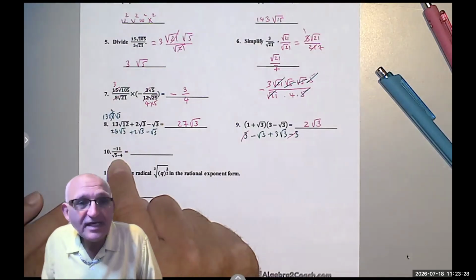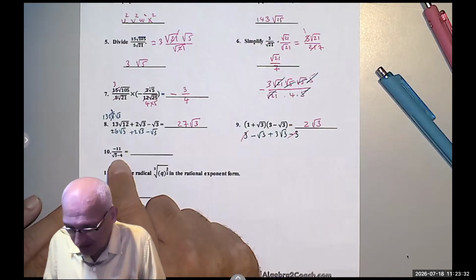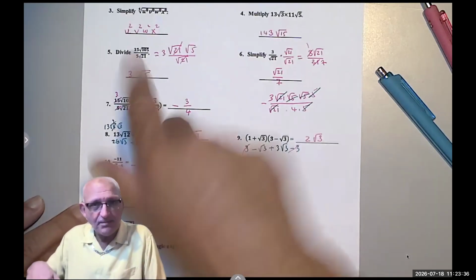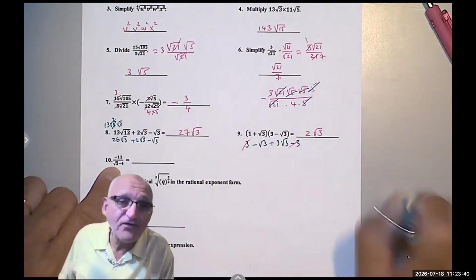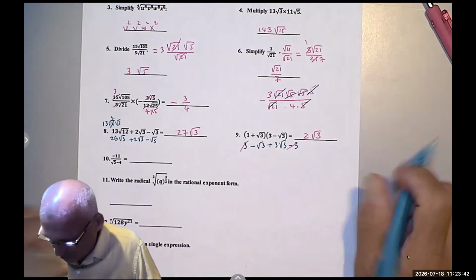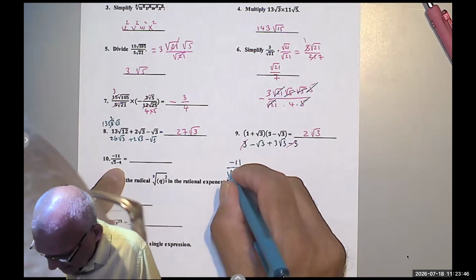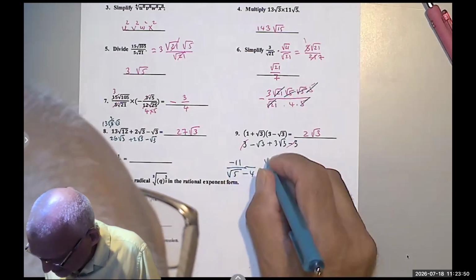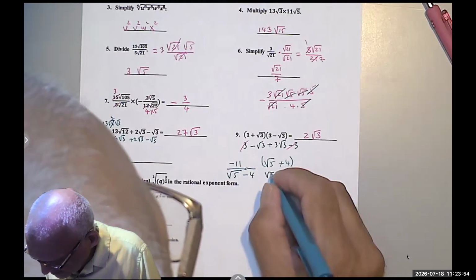When you get a denominator that is not rational, but it's not like root 21, so I multiply top and bottom by root 21. No, it's root 5 minus 4. So what I'm going to do is to multiply by the conjugate of that. What is the conjugate of that? It's the square root of 5 plus 4 over the square root of 5 plus 4.